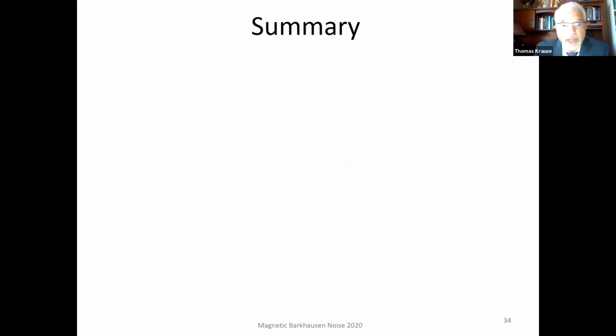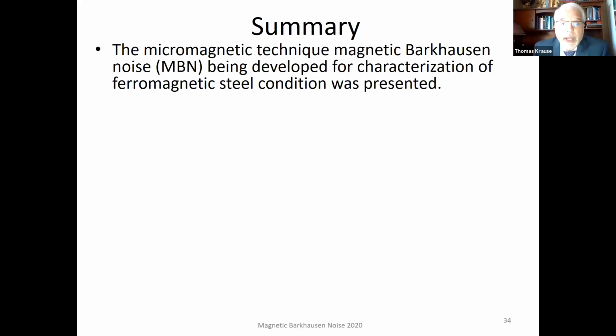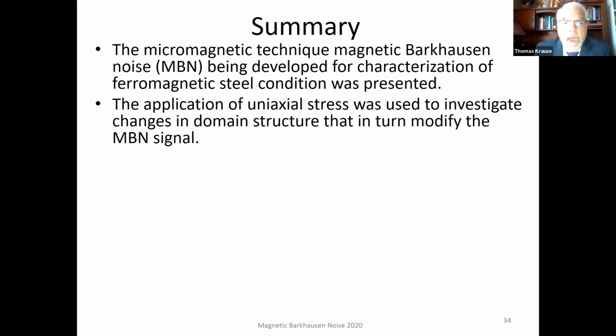So to summarize our results and observations, the micromagnetic technique, magnetic Barkhausen noise, is being developed for characterization of ferromagnetic steels. And the application of uniaxial tensile stress and compressive stress in some cases was used to investigate changes in the domain structure that in turn modify the magnetic Barkhausen noise signal.